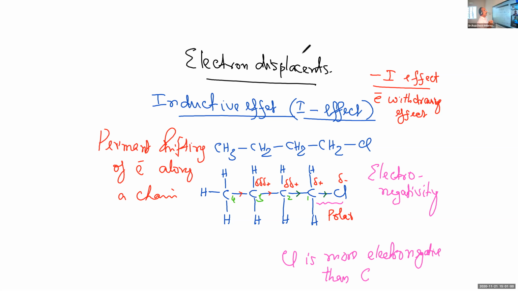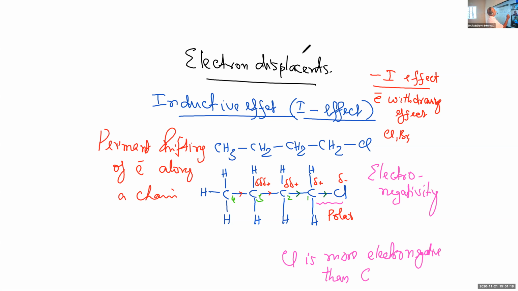And such groups are minus I groups. Say, for example, halogens: chlorine, bromine, fluorine, iodine, etc. All these are electron withdrawing groups.